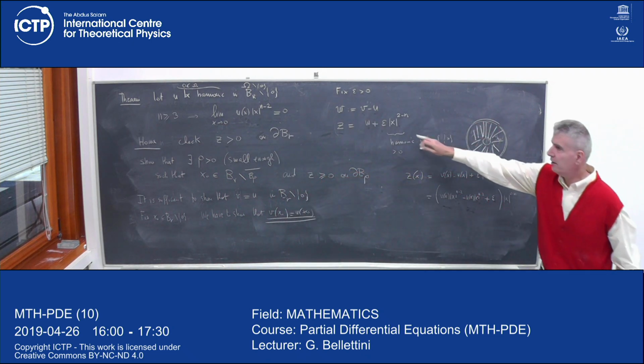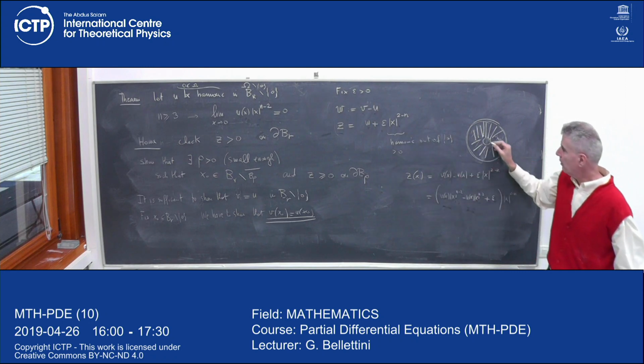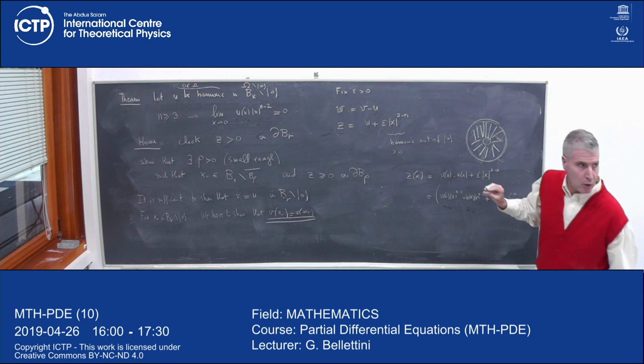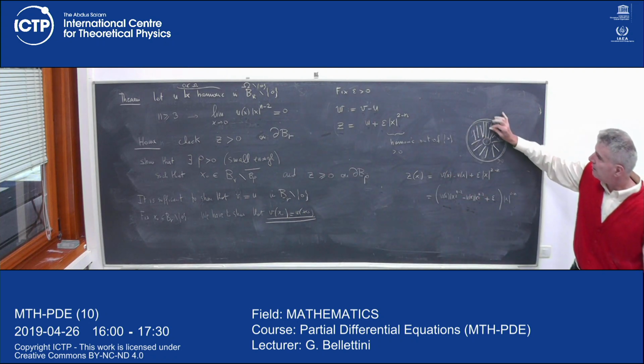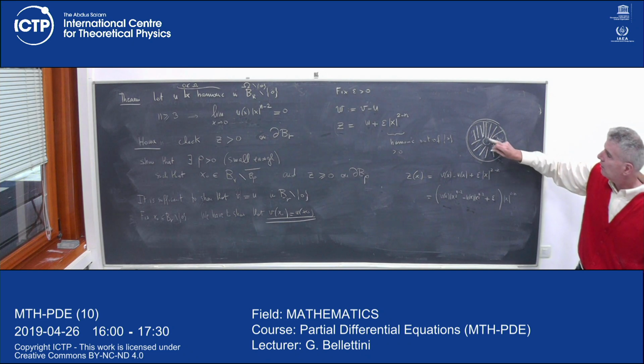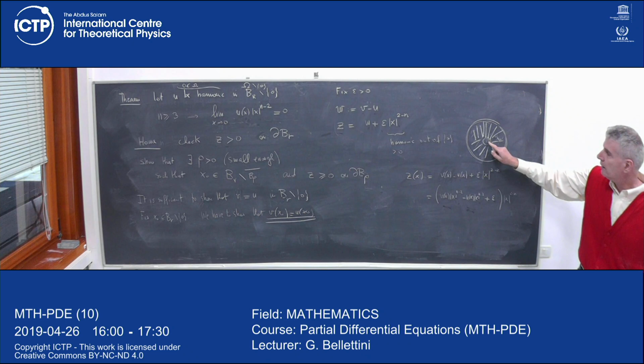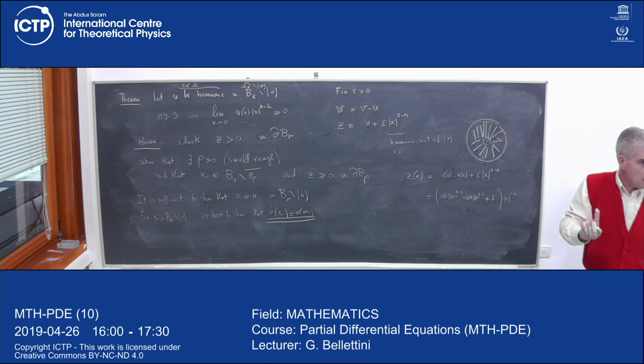Of course, this has a singularity at the origin, but now it is possible to show, thanks to our assumption, that there is a small rho such that on the boundary of this small circle, z is also positive. And also I can choose rho so small that x naught is out of this small bubble, because x naught was different from the origin from the beginning. So it has some positive distance, so we can reduce it.